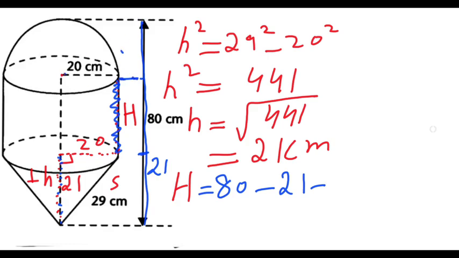If the radius is 20 here, the radius at the top is the same, 20, for the hemisphere.